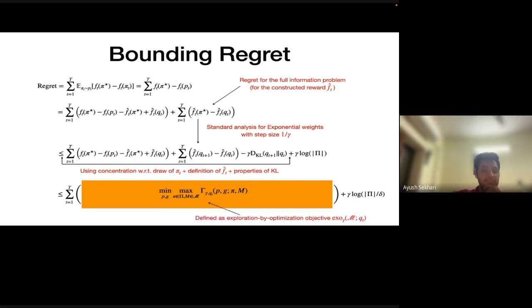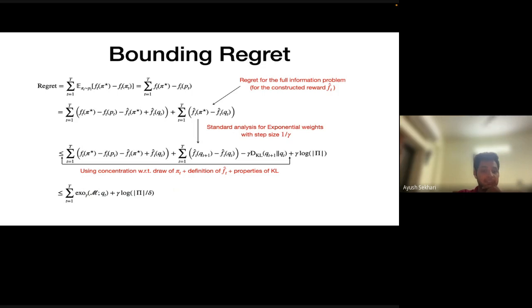Moving forward, we call it the exploration by optimization objective, EXO, at scale gamma of the model class M and Q_t. This quantity only depends on gamma, Q_t, and M, and nothing else. Plugging this form in, we get that the expected regret is bounded by the sum over t from 1 to T of the exploration by optimization objective at Q_t.